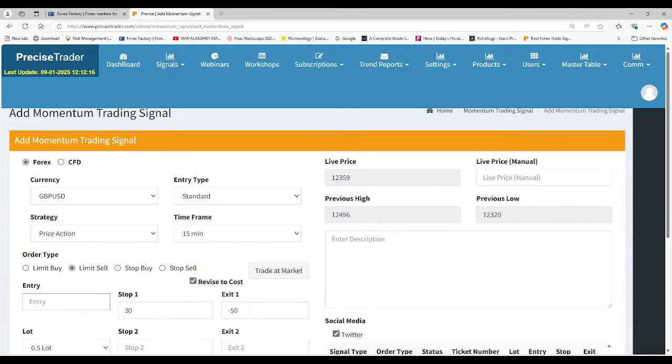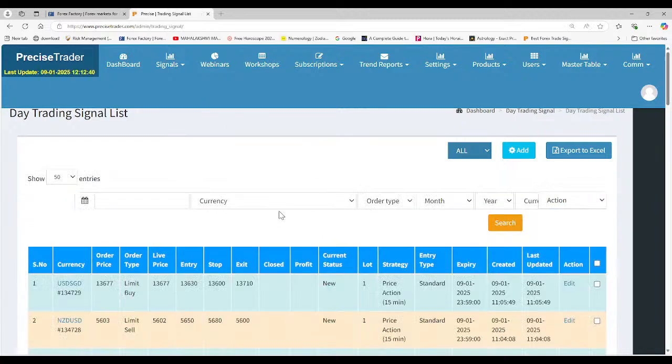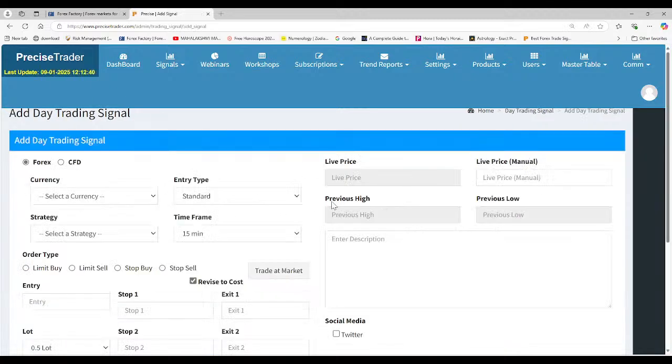Then the TP: expect this low to break, and if it breaks, then we can see 123. Let me see. Not able to give this trade. Never mind, I think we'll give one more trade on the day trading.